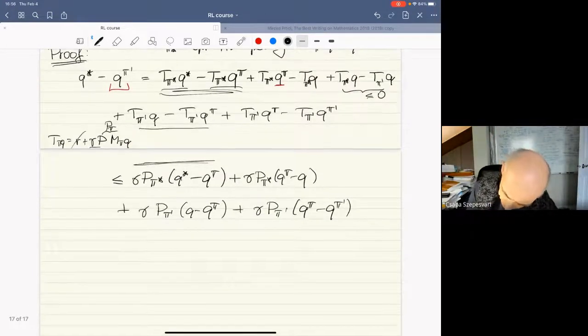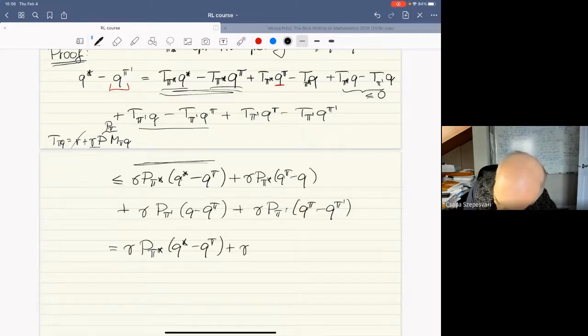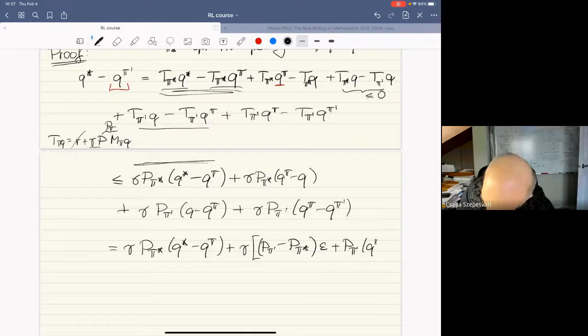So this is equal to gamma times P of pi star applied to q star minus q pi, plus gamma times P of pi prime minus P of pi star applied to epsilon, plus P of pi prime applied to q pi minus q pi prime.